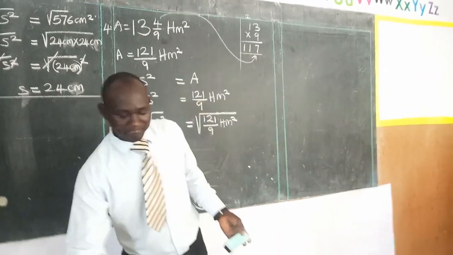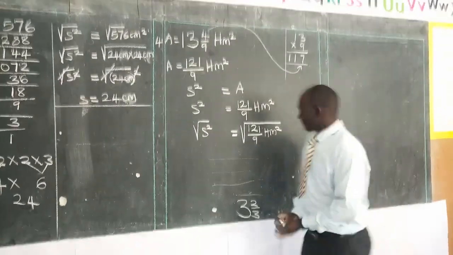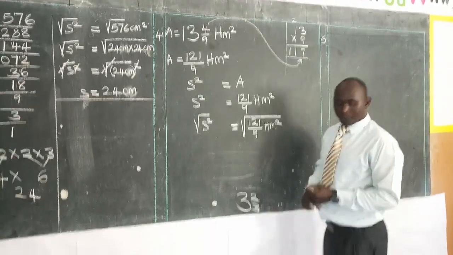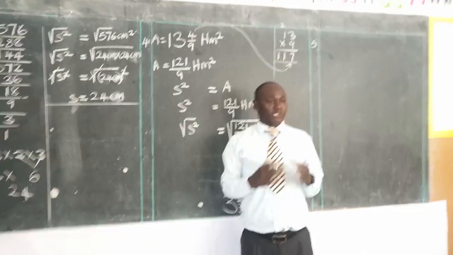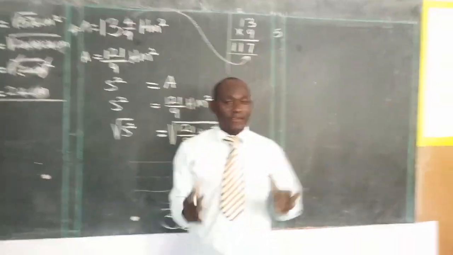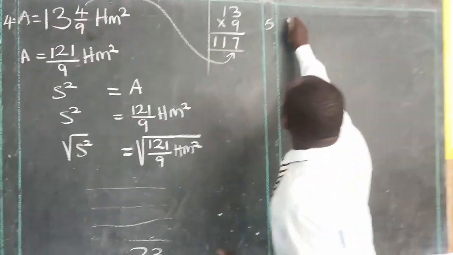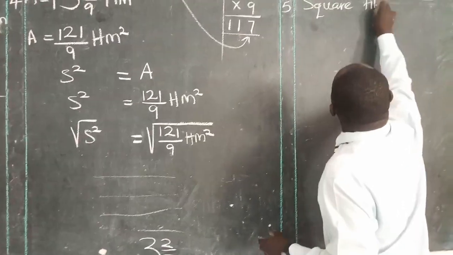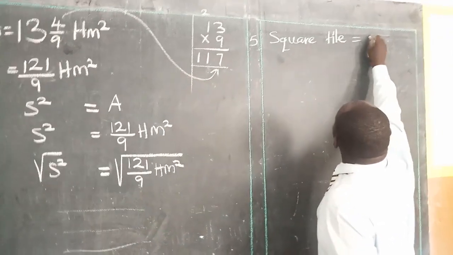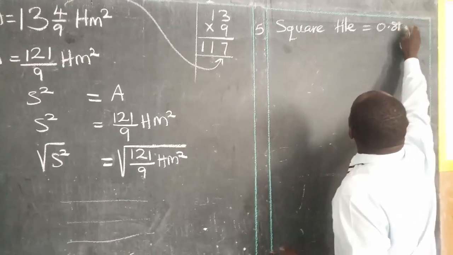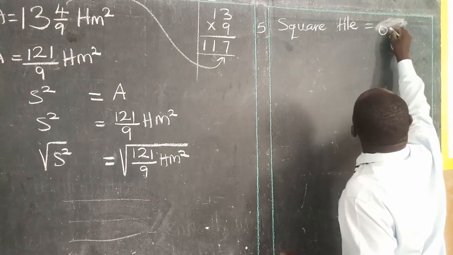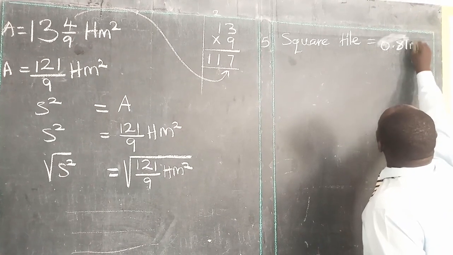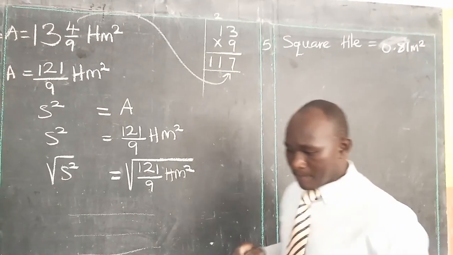So from my book, our last number was number 5, which reads: the area of a square tile is equal to 0.81 square meters.